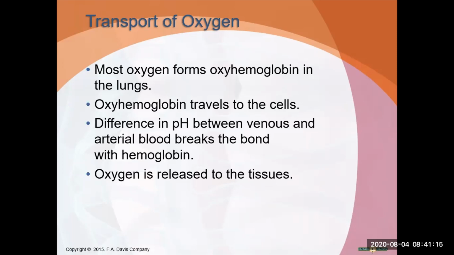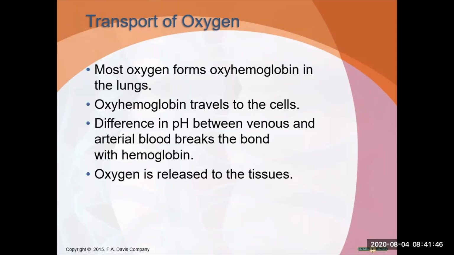In the lungs, the oxygen forms a weak bond with the iron portion of hemoglobin, creating oxyhemoglobin. Oxyhemoglobin travels through the circulatory system to tissue cells. Once there, the difference in pH between the arterial and venous blood is enough to break the bond between the oxygen and the hemoglobin. The oxygen is then released to the tissues.